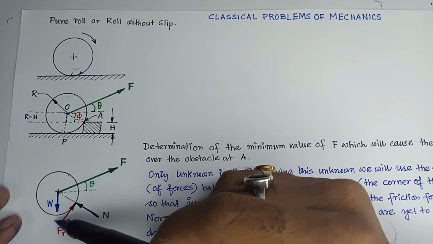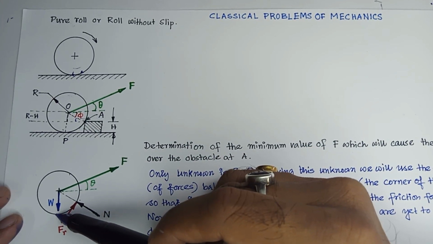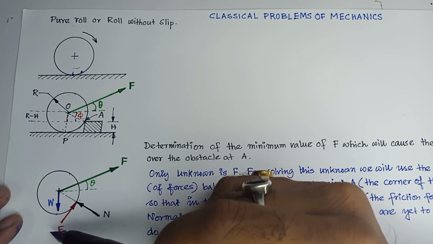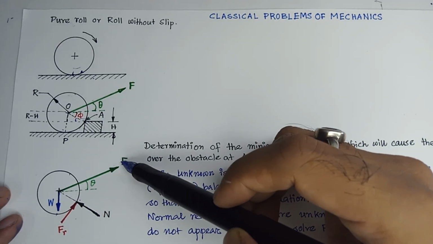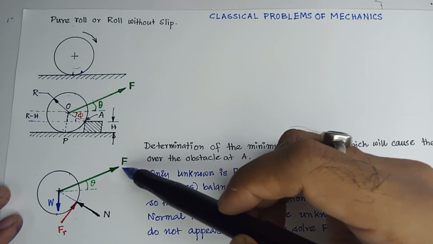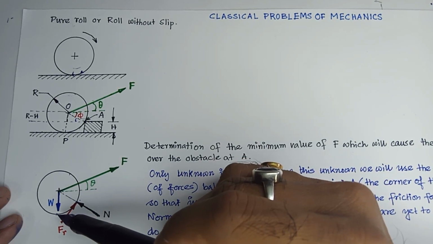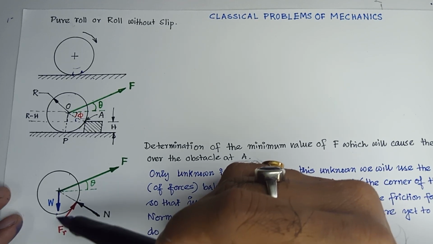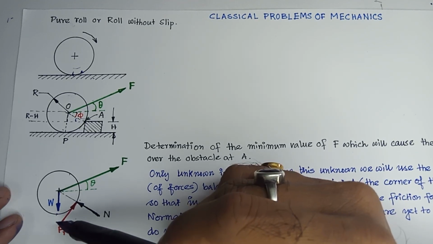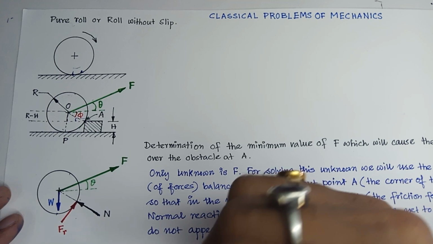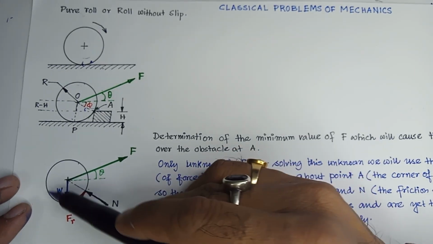And you can see that at this point P we have not shown any normal reaction, because when this force, that is the minimum force, tries to roll it, the point P loses contact, therefore there will not be any contact reaction, so I have not shown it. Okay, so that should be clearly understood, the free body diagram.